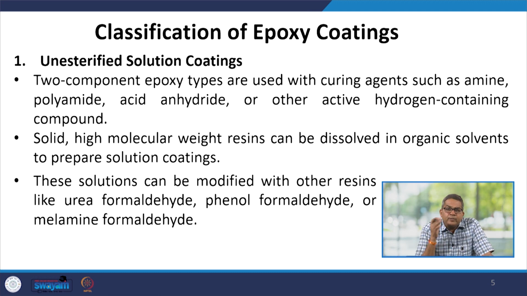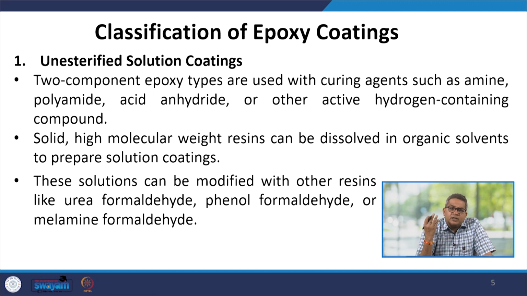The solid high molecular weight resins can be dissolved in organic solvent to prepare the solution coating. These solutions can be modified with other resins like urea formaldehyde, phenol formaldehyde, or melamine formaldehyde. These are the common polymers used in a variety of applications.